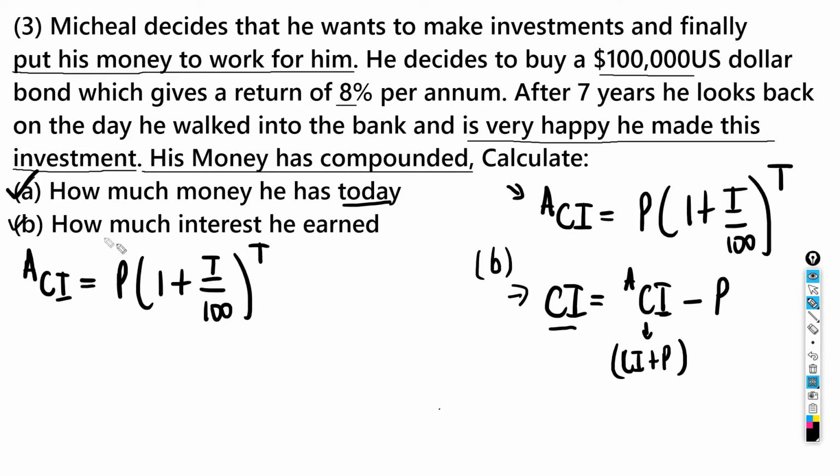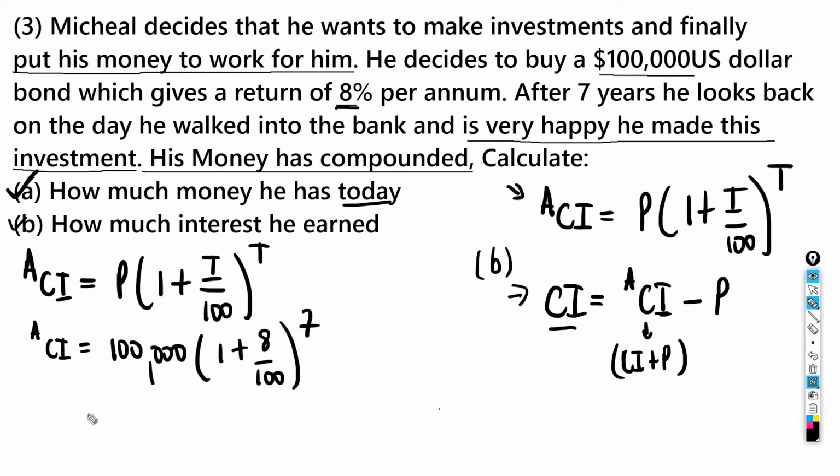Let's work out A. It says, how much money does he have today? So we're going to use the same formula here, the accumulated amount, and it's going to be 100,000 multiplied by 1 plus 8. It's 8% per annum, 8 over 100, to the 7.